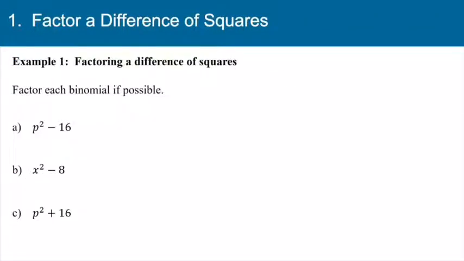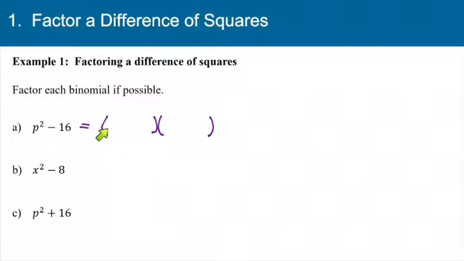So let's try factoring each of these binomials. And the first thing we need to do in each case is verify that we are looking at a difference of squares. So do I have here square minus square? Yes, of course, p squared is a square. This is a minus sign. And 16 is a square because that's 4 times 4. So to factor this, we would put down two pairs of parentheses.